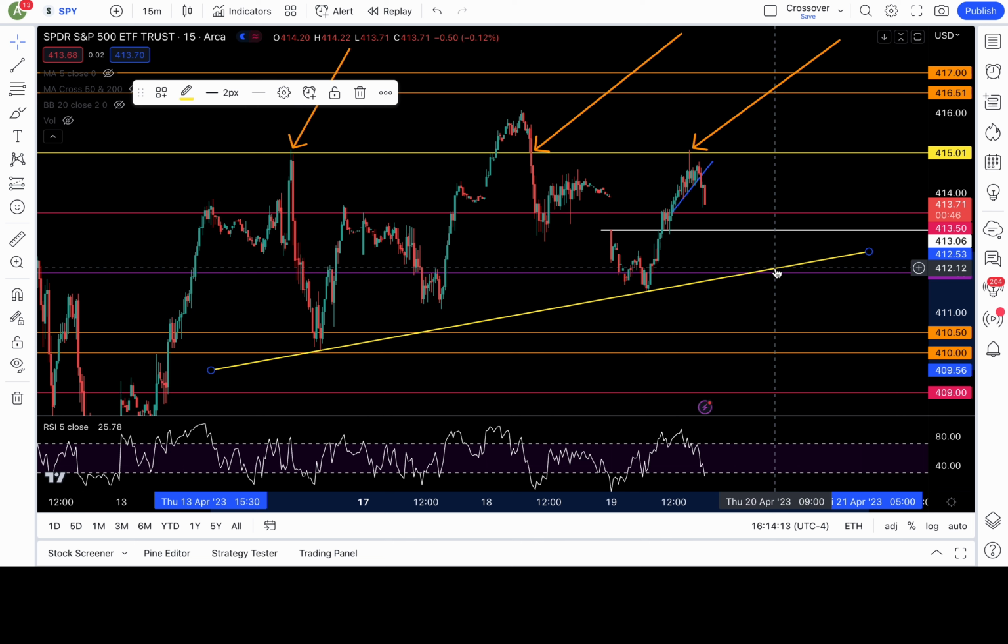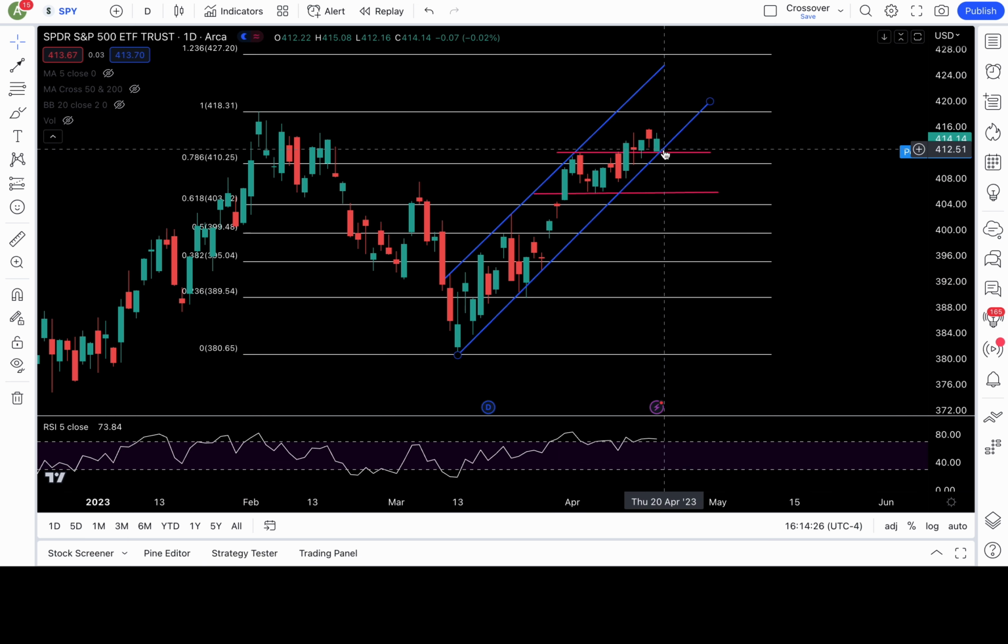So multiple reasons why that 412 level was so critical today, and multiple reasons why that 415 level was so critical today. Yes, 412 was critical based on this pink trend line, but my rising channel slopes up tomorrow, and support of it will be around 412.8ish.